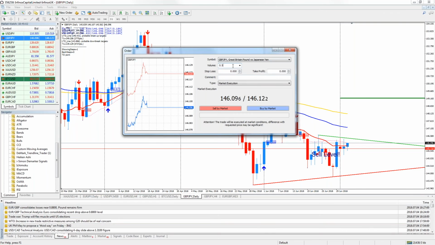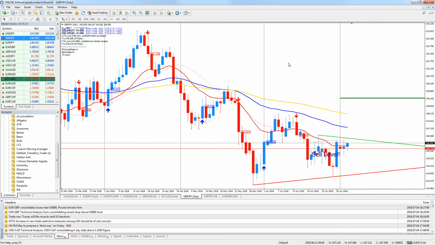So 0.5, you can go into the decimals, 0.05, and go right down to 50 cents a point. So for every 20 pips you'll make $10. For every 20 pips you lose, if this starts to fall, you would lose $10. And that pretty much is what a pip represents.